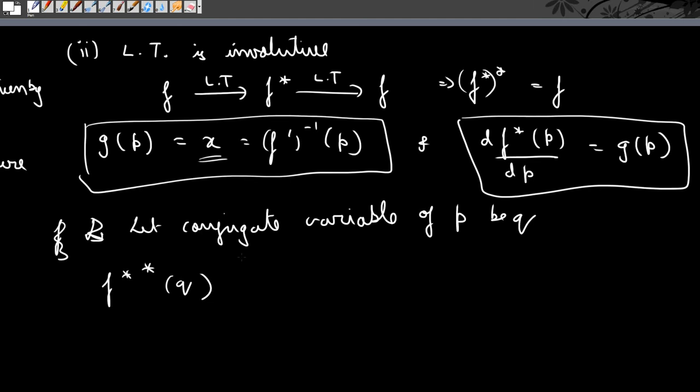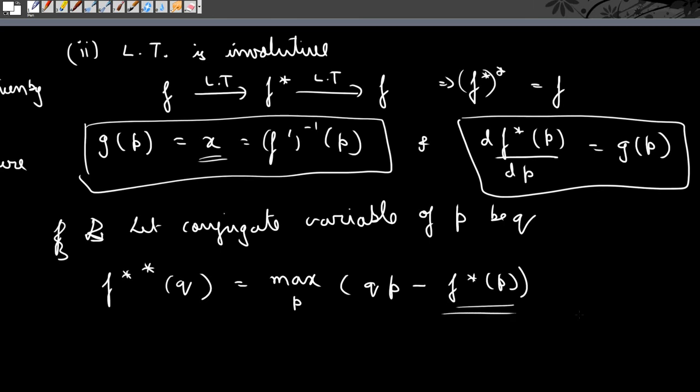Its Legendre transform will be a function of the conjugate variable of p, which I am calling q. So this will be equal to maximizing over p the function qp minus f star of p. This is how we take the Legendre transform for a function f star.